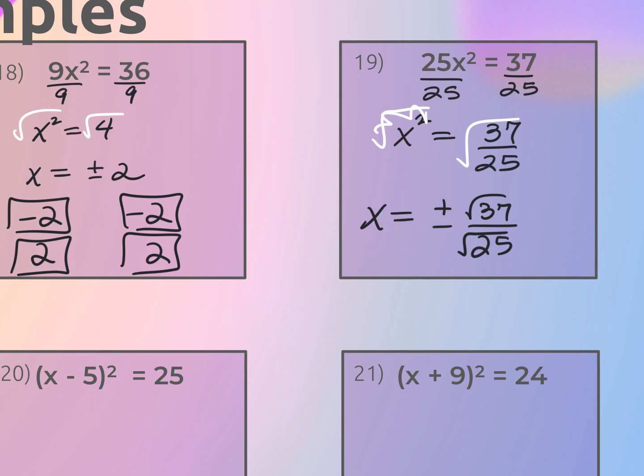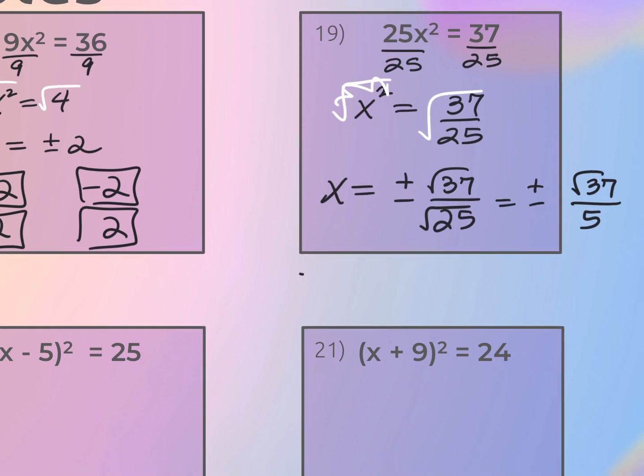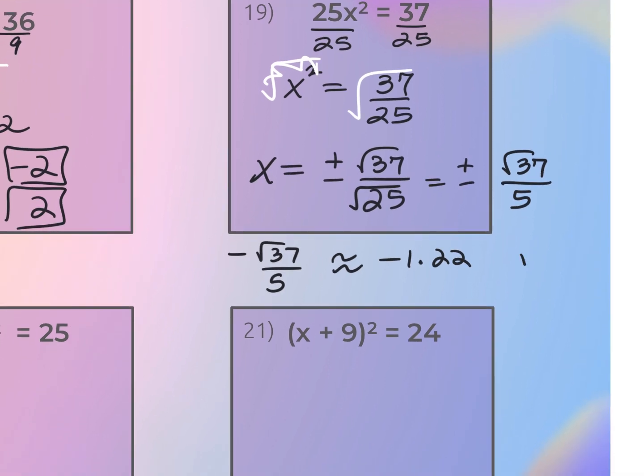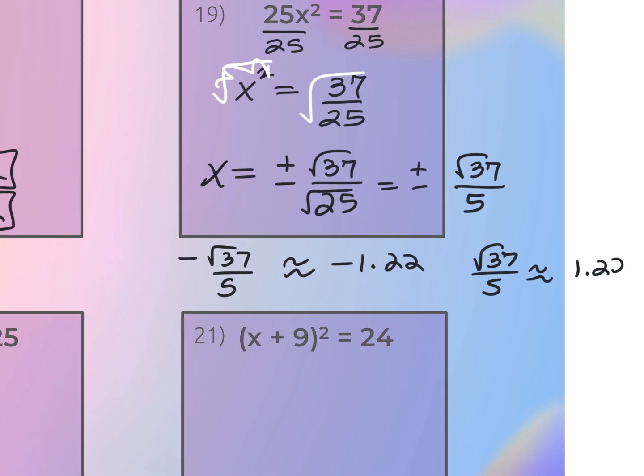I can actually square root the 25, and this will give me positive and negative square root of 37 over 5. So my first answer will be negative square root 37 over 5. The approximated decimal is negative 1.22. And then positive square root 37 over 5, which gives me positive 1.22.